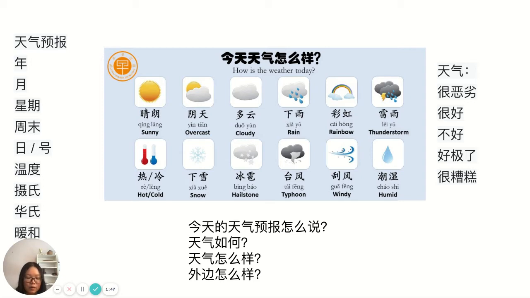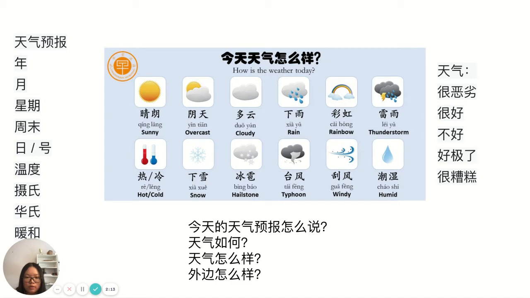And to say the year number, you just read out the numbers from left to right. So because this year is 2021, then it would just be 2021年. And then 月 is month.